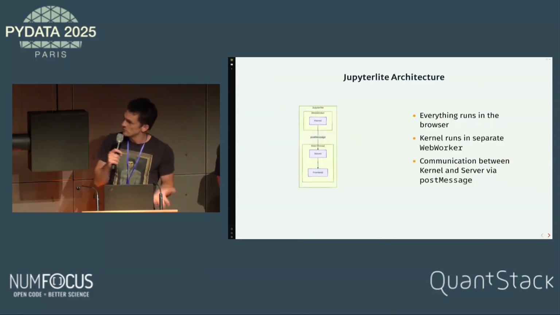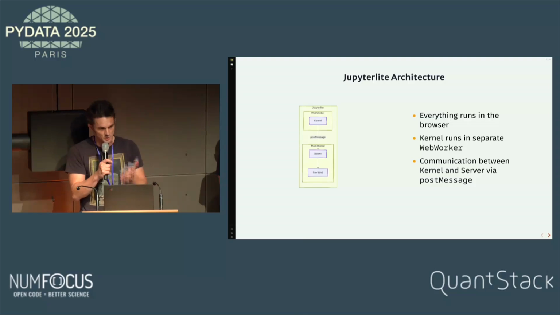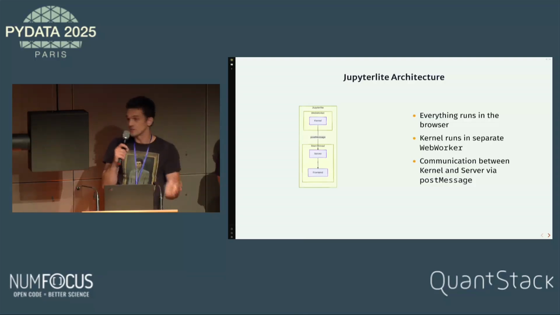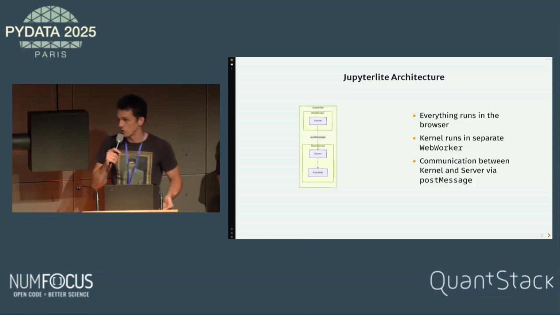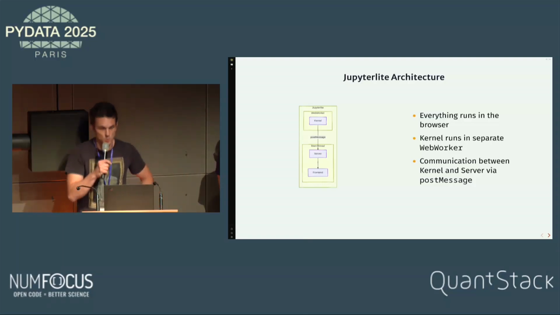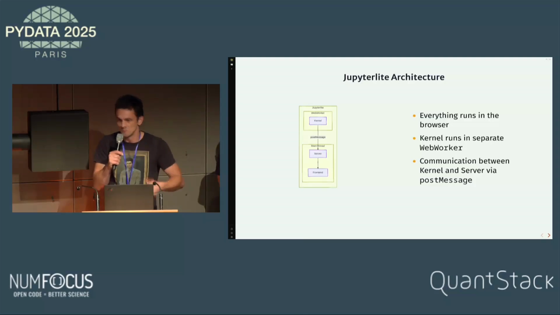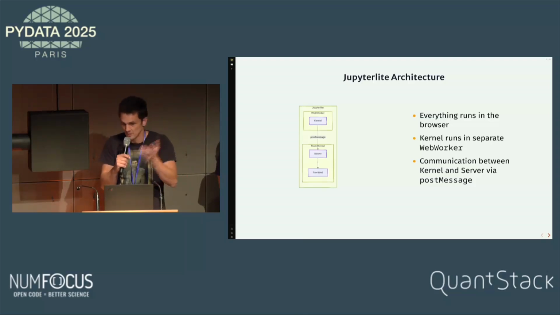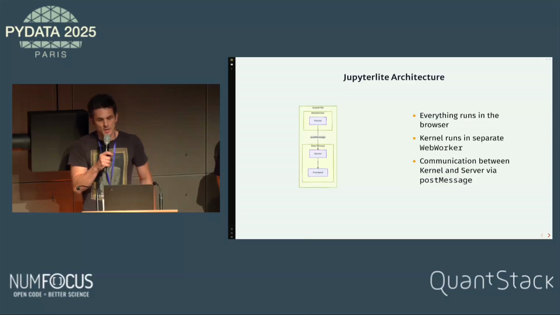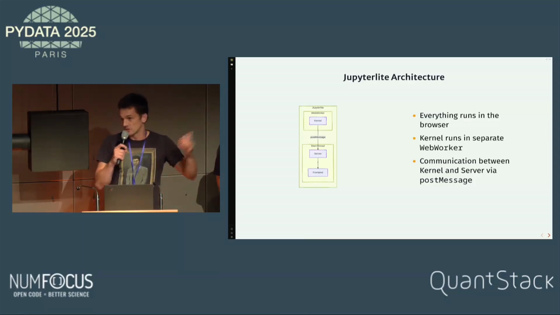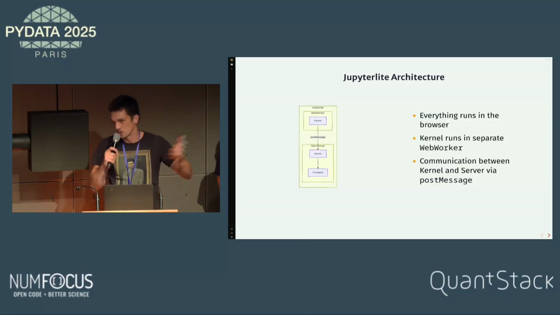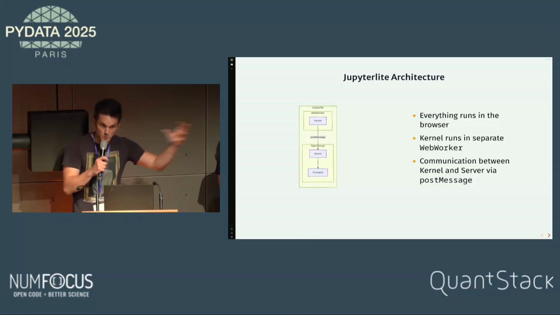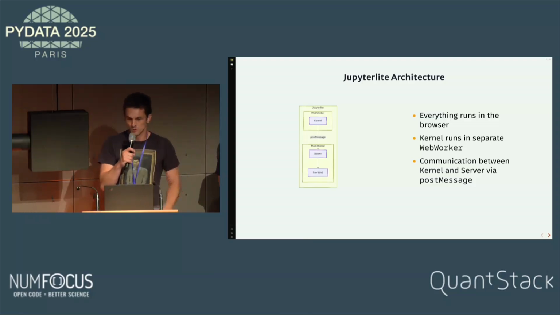JupyterLite looks quite similar. We again have these three boxes, but this time everything runs in your browser. We again have a kernel. This time the kernel runs in a web worker, which is kind of like a process which runs inside the browser. Then we are still connected to the server, which is again running in the browser, but this time we communicate via JavaScript post messages from the web worker to the server.